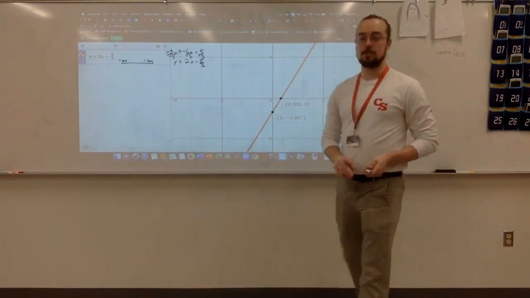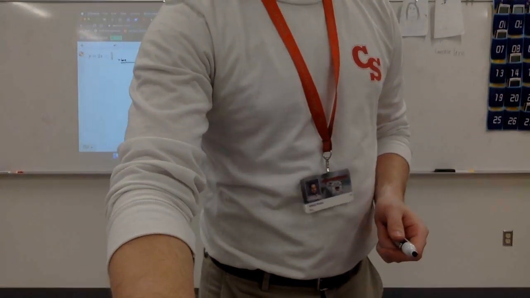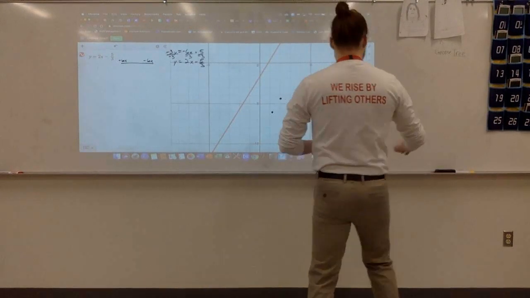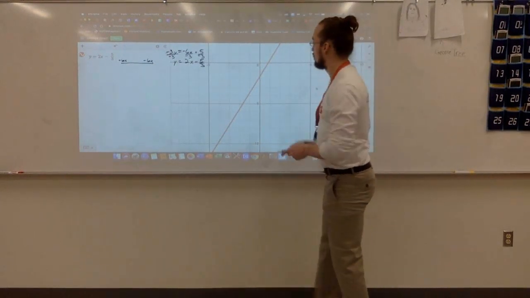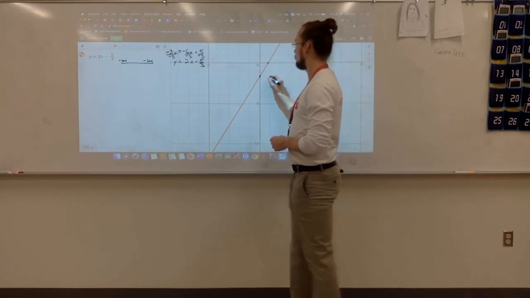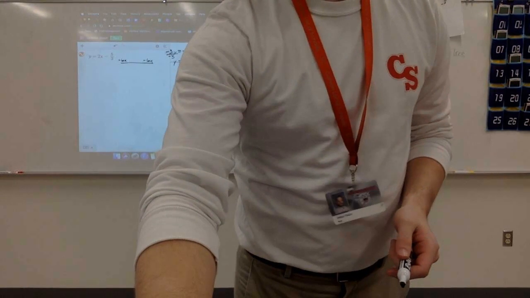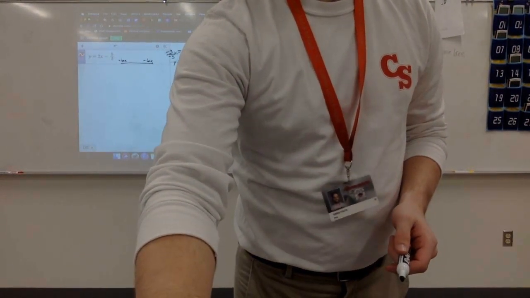Let me move this a little bit up here. So here are 2 points that we know the values of, right? And if we don't know the values of, we can use Desmos to tell us the values.